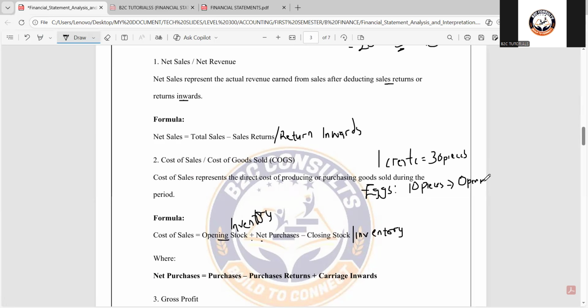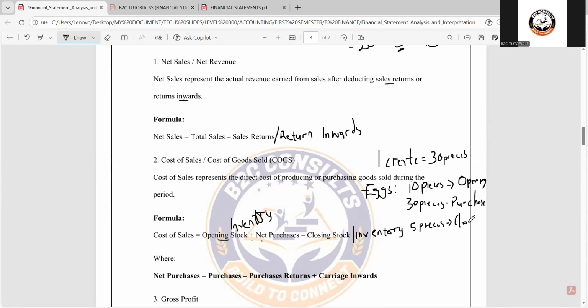Then during the course of the business, I bought, let's say, one crate again, which is 30 pieces. That is purchases. And then when I was closing today in the evening, I can count 5 pieces of egg. I want to find out the direct number of eggs that I sold during the period.